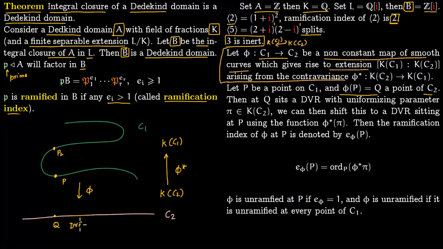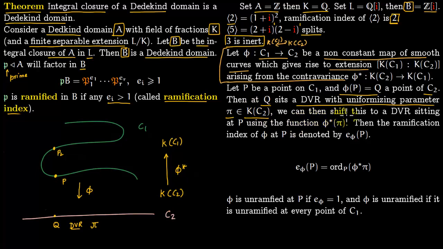Every time you have a discrete valuation ring, you know that it is generated by a uniformizing parameter, say pi. So you can talk about order of elements in this discrete valuation ring. That is just the order of this pi in this valuation ring. So at Q sits a discrete valuation ring with uniformizing parameter pi, which lies obviously in the field of fractions here.